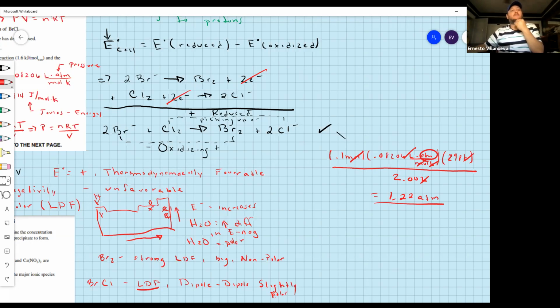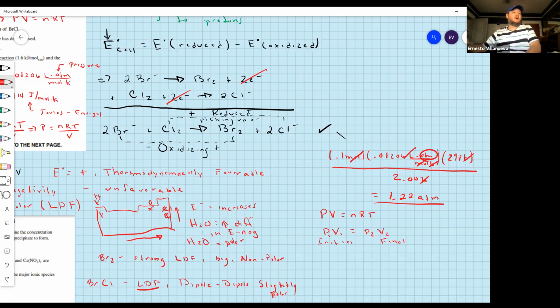Now, there's a couple of laws. The first one, the one we talked about, is PV equals nRT. The other one is P1 V1 equals P2 V2, where this is initial and final.